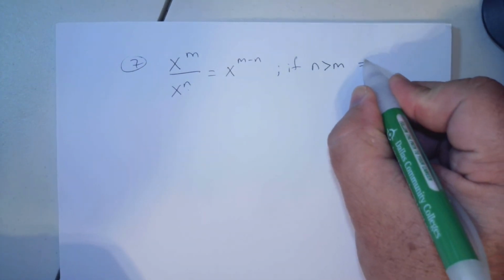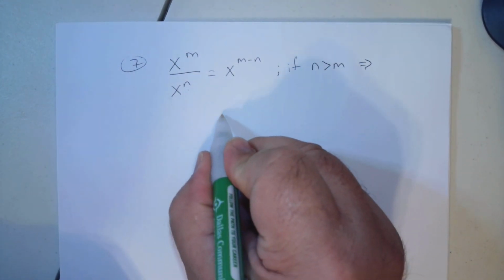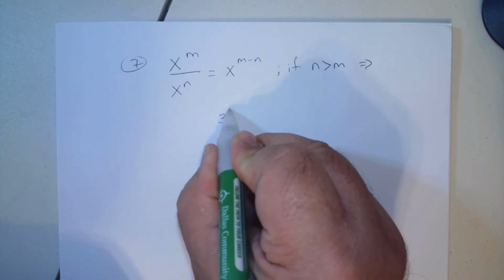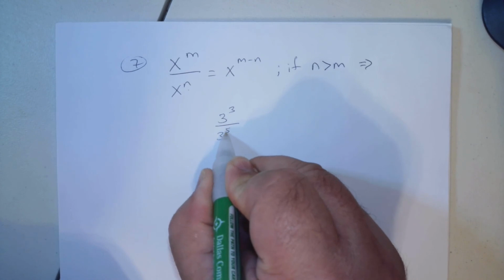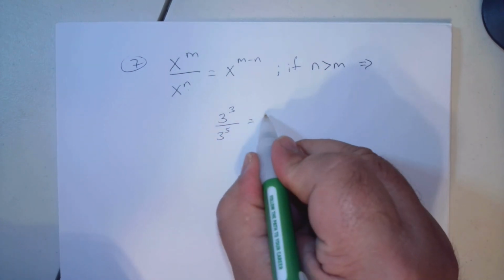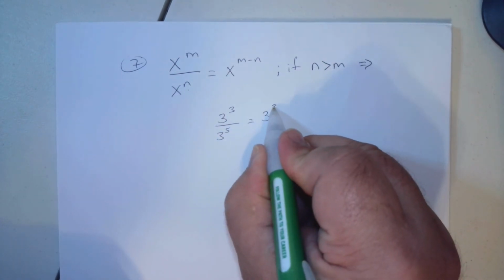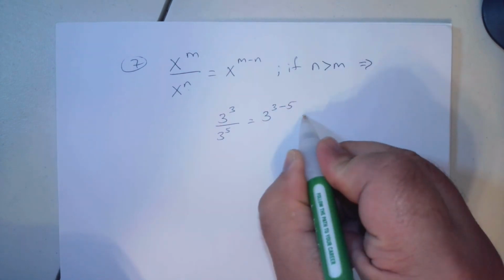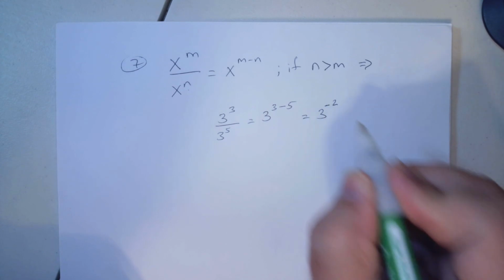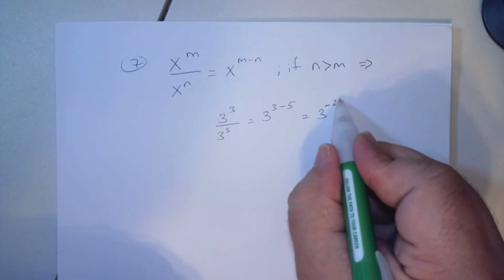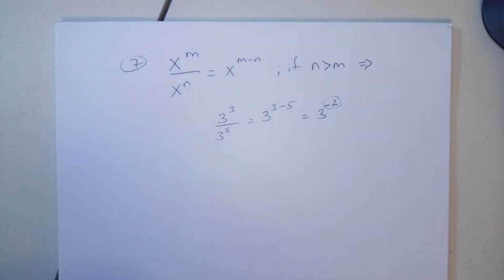This defines a new equation. So 3 to the third over 3 to the fifth. Third minus fifth. 5 is bigger than 3. The answer is negative. Now we're looking at negative exponents.